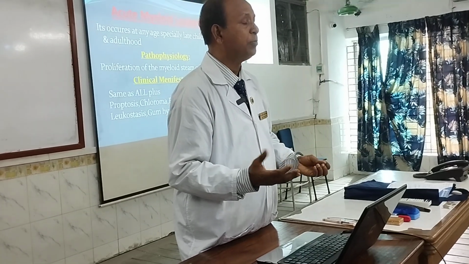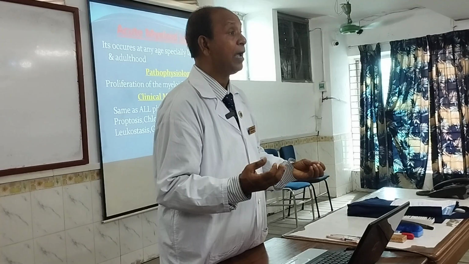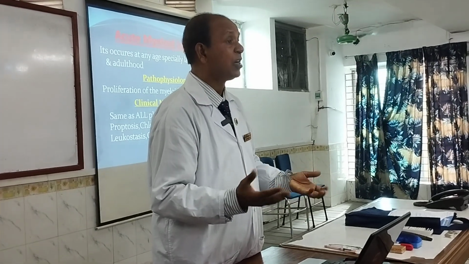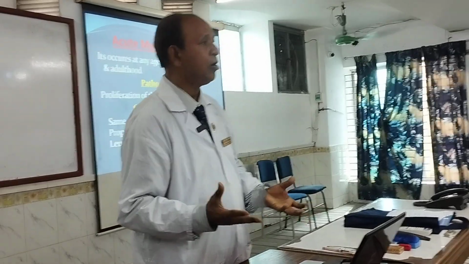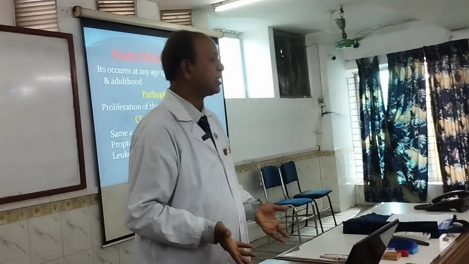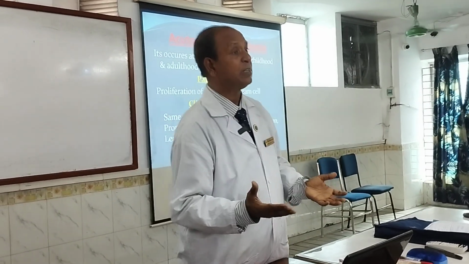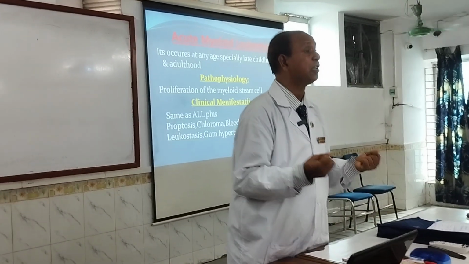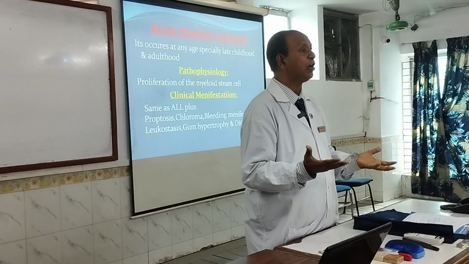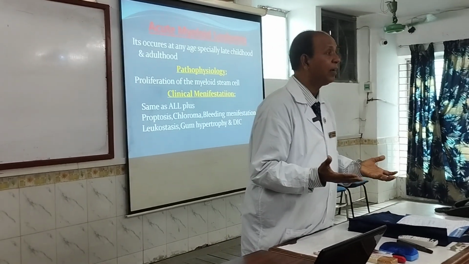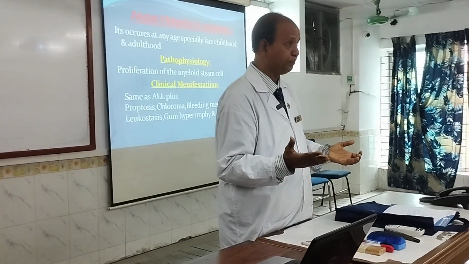We do immunophenotyping to determine the type of cell, whether it is a B cell or T cell, or CD3, CD4, CD5, CD13 and so on. Then cytogenetics means karyotyping. We look for any chromosomal abnormality or translocation, like whether the Philadelphia chromosome is present or not.